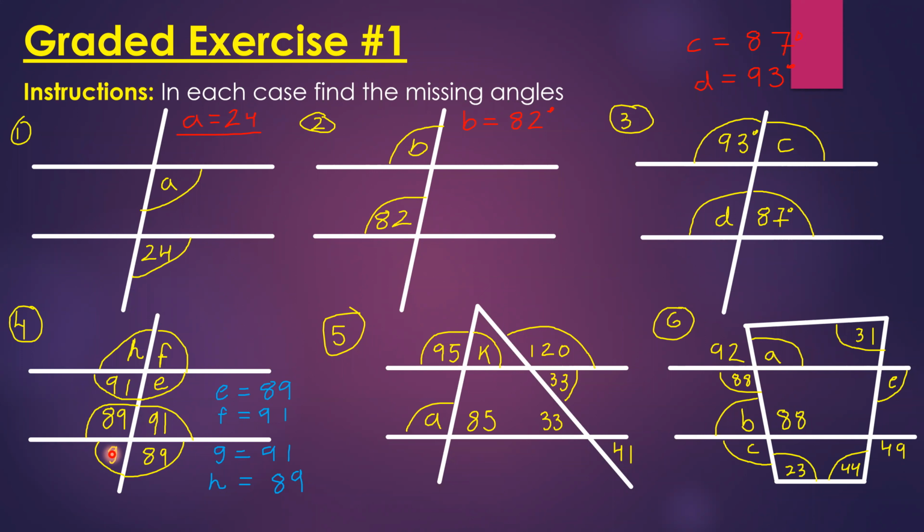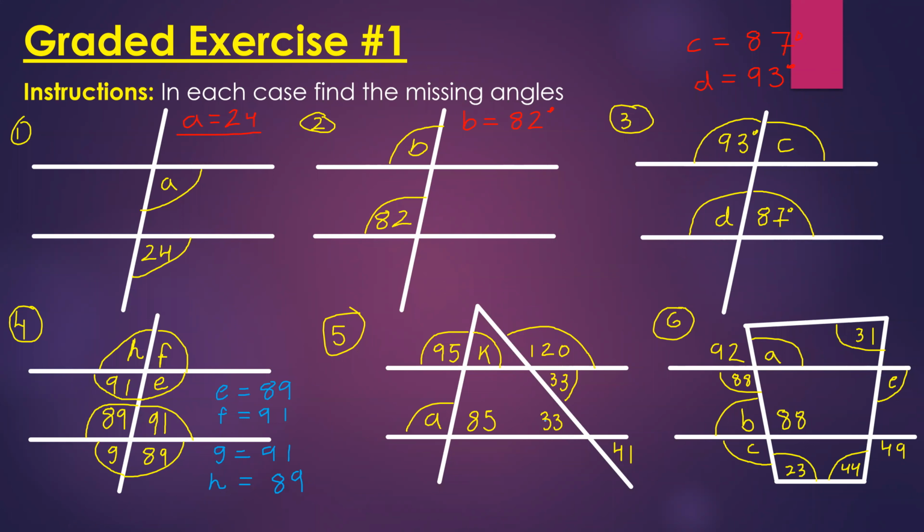I could try number 5. That's Erica. Yes, it is. Okay. Go ahead. I don't know if I'm right, but I added 85 and 33 because both of them are on the bottom line.